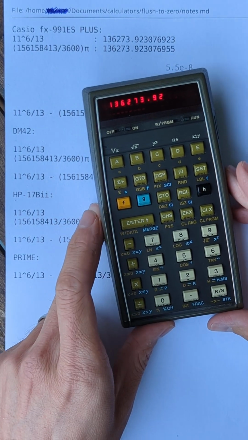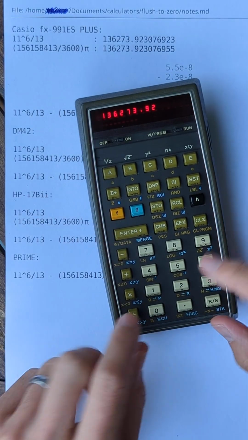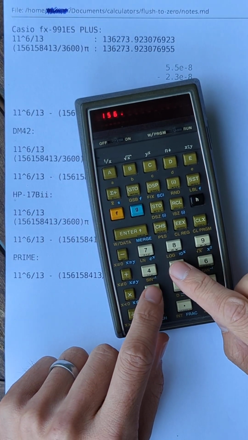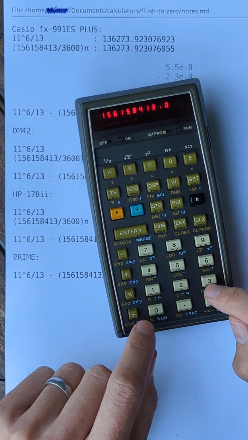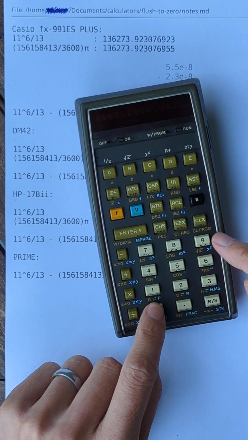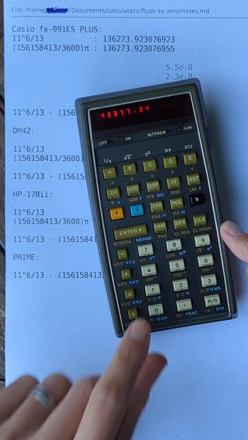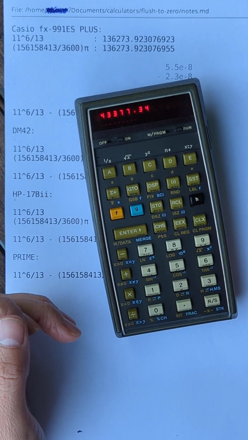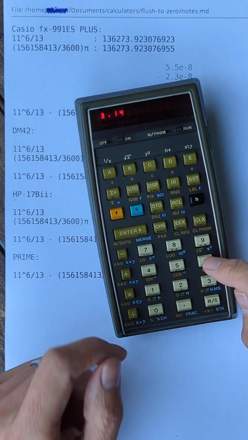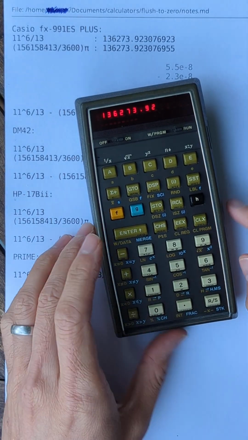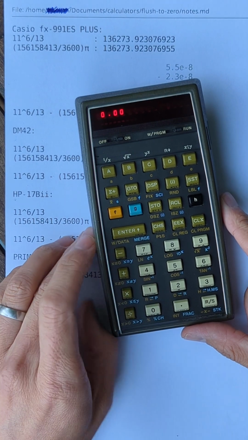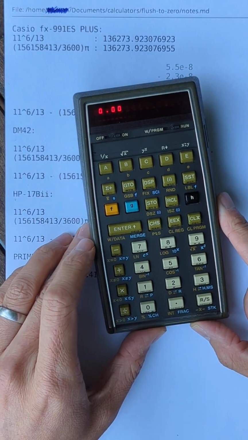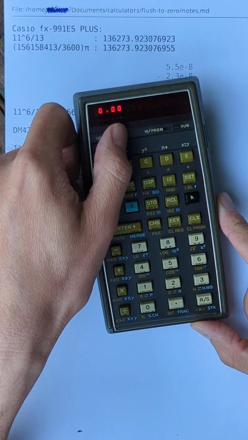That's rounded to the display, it's not rounded internally. 156,158,413 divided by 3600. Divide that. Where is pi on here? Oh, there's pi. Times it like that. Get the same looking number. If I subtract it, I know what it's going to show, which is 0. But at least that is a truthful 0, and it's what it really thinks.